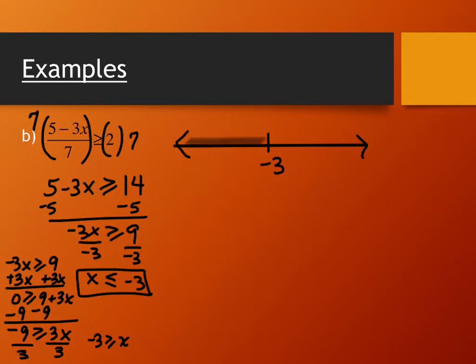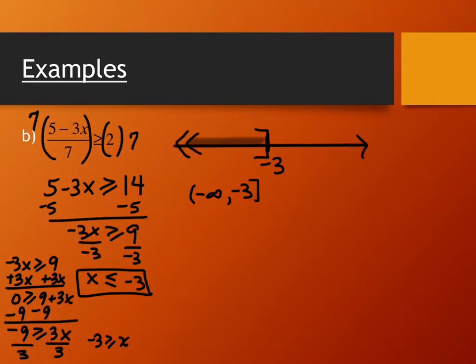Left. With an arrow at the end. Will I use a bracket or a parenthesis on this one? A bracket, because it says less than or equal to. So this is my graph. If I were writing the interval notation for this, I'd start with a parenthesis, negative infinity to negative 3, and then I'd actually have a bracket on this one, right? Okay, everybody good with that?